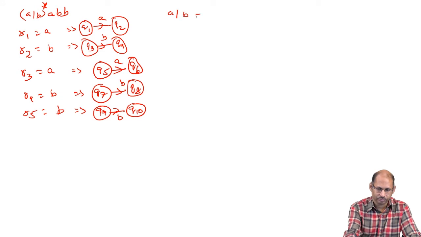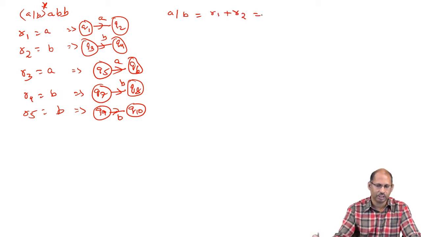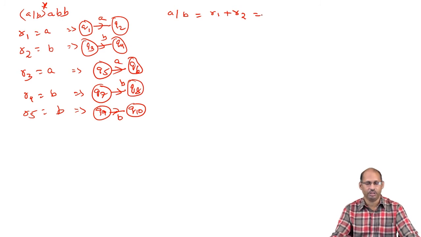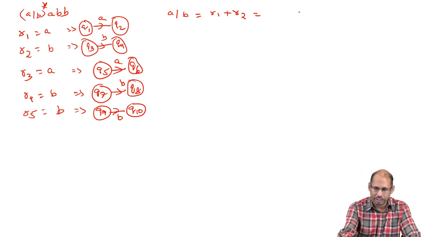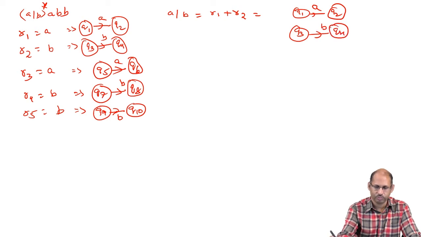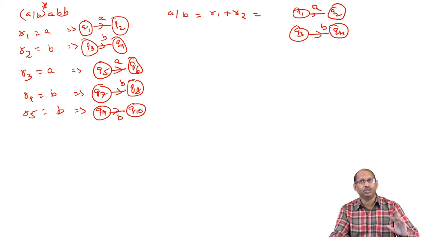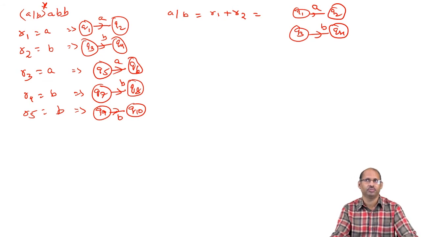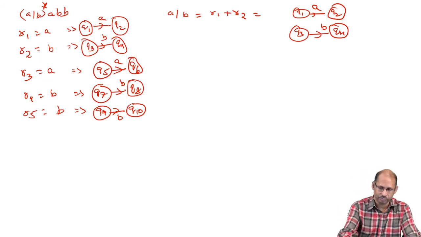A or B: R1 union R2. Right? R1 union R2. So, what is R1? Q1 on A goes to Q2. Then, what is R2? Q3 on B goes to Q4. Now, what is needed? Union of both of these.